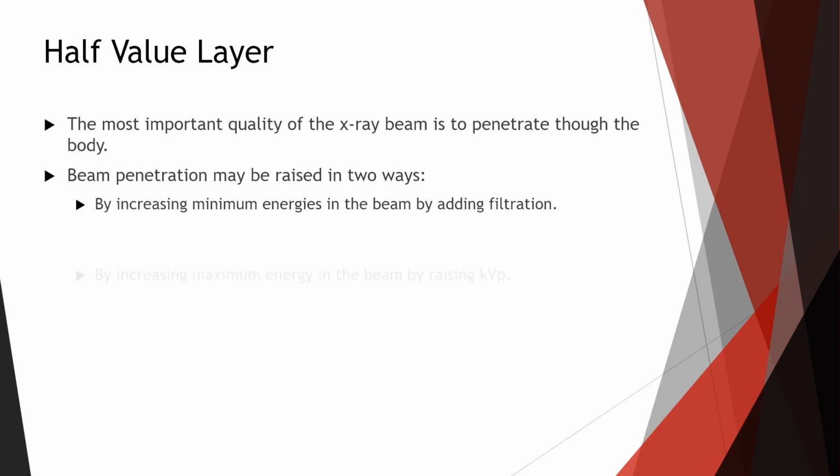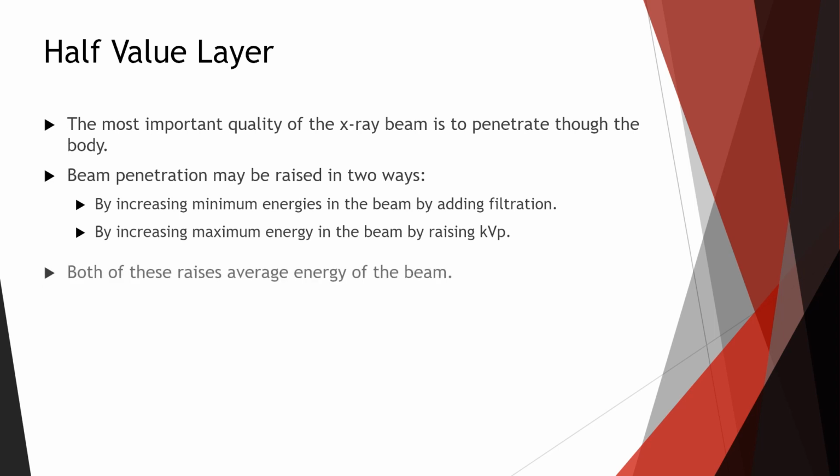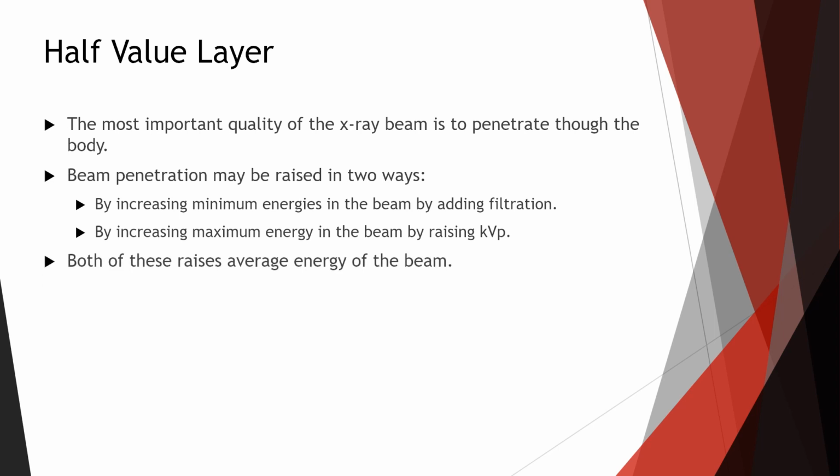The other is by increasing maximum energy in the beam by raising the kVp at the console. Those are the two ways that we can increase beam penetration. Both of these raise the average energy of the beam.